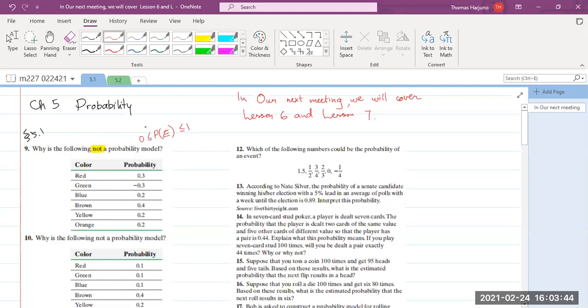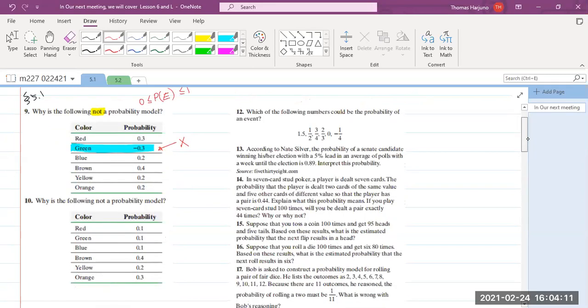Okay, so why is this table not a probability distribution? Well, because the probability of green gives us a negative. Okay, that's what's wrong. The probability of an event cannot be negative.